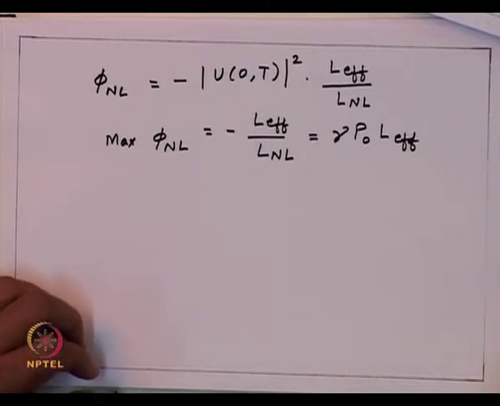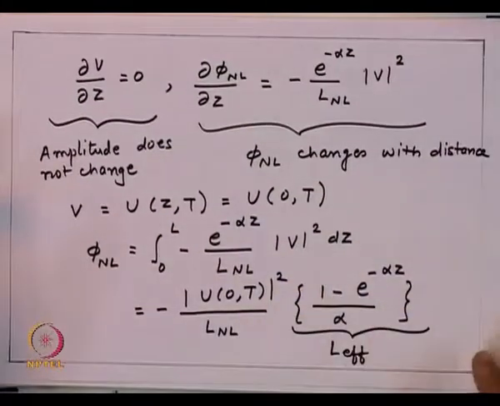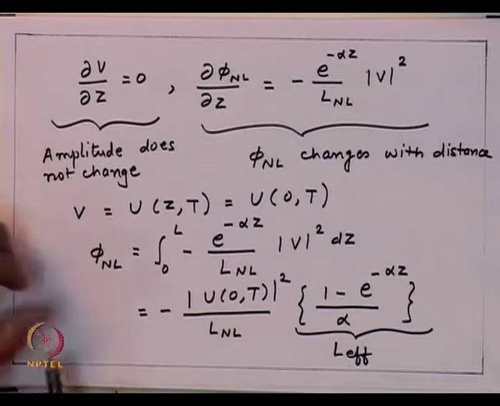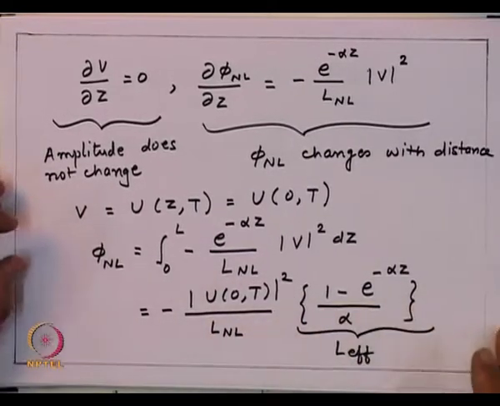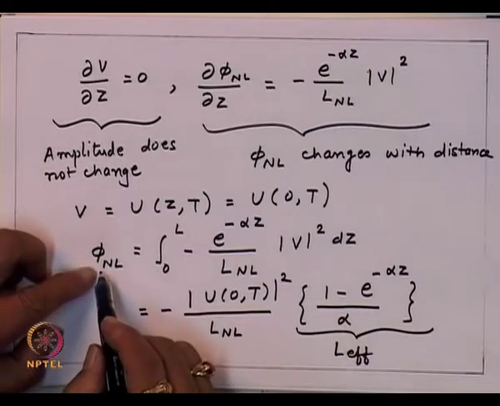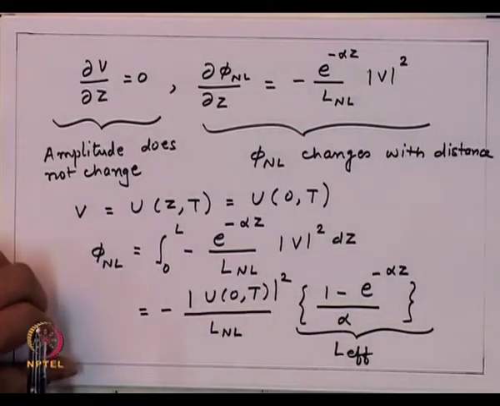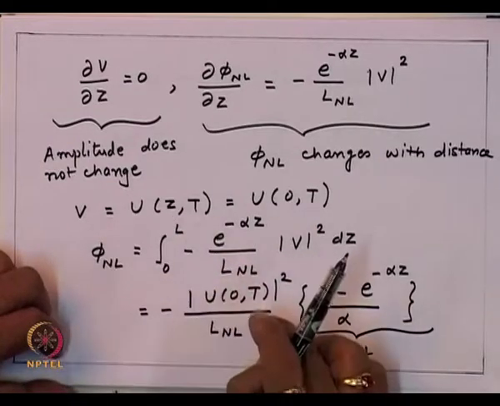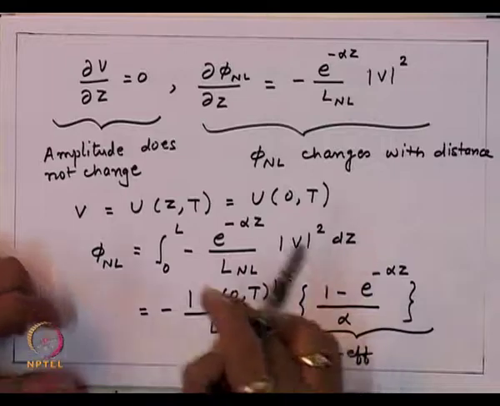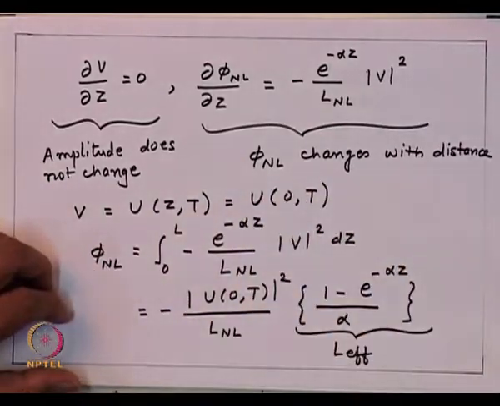But the important thing to note here is that the nonlinear phase change phi, since this function is not a linear function of time, is also not a linear function of time. And as we saw earlier, if the phase is not a linear function of time, that leads to a frequency change.